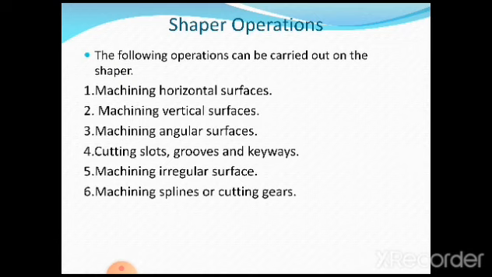We need to understand only one important thing: machining of a horizontal surface is nothing but reducing the thickness of the workpiece. Suppose the thickness of the workpiece is about 35 millimeters and we want to reduce it to 30 millimeters height, then 5 millimeters we have to remove. In such cases we use the operation known as machining of horizontal surfaces.